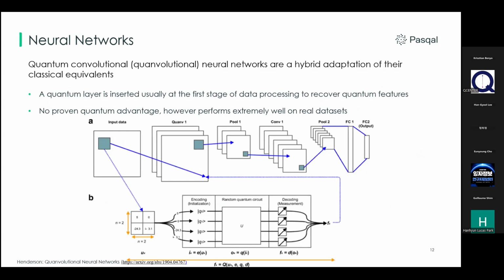Another large track of machine learning methods focus on neural networks. So a typical example is building a quantum layer on top of a convolutional neural network, but it's not the only potential example.